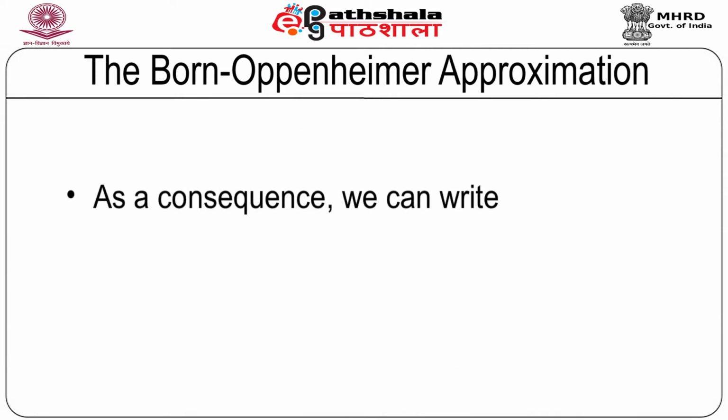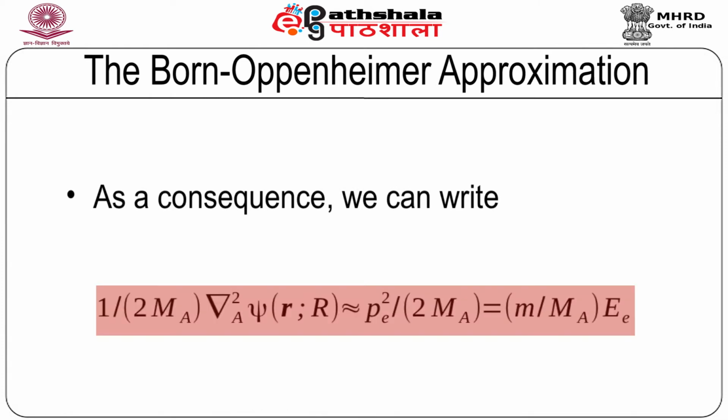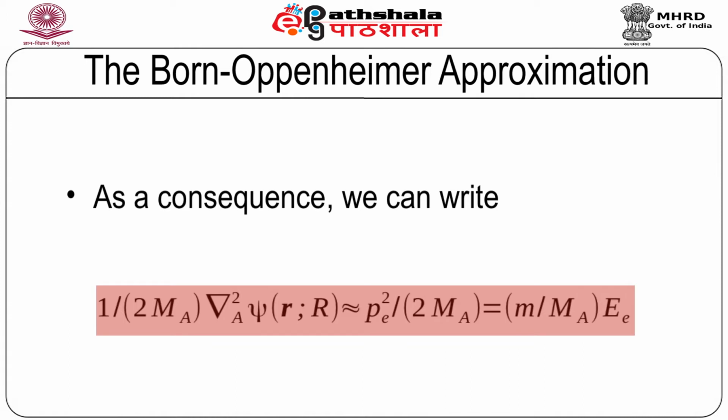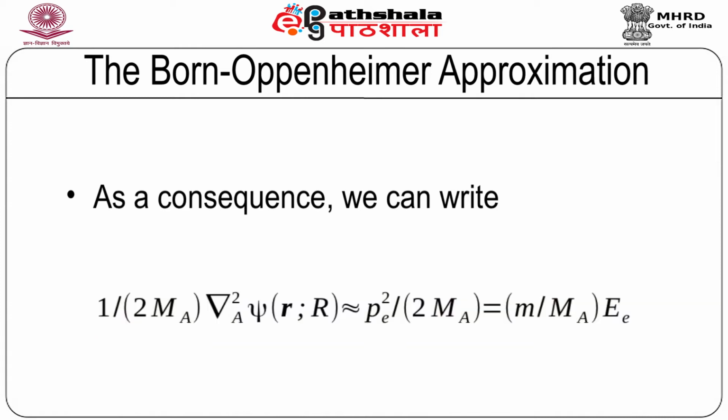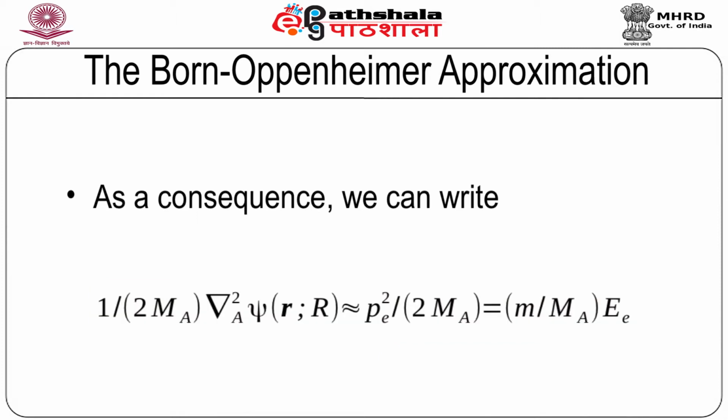As a consequence, we can write 1 by 2 MA ∇²_A ψ(r,R) is almost equal to Pe² by 2 MA, and that is equal to small m by capital MA times Ee, where Pe is the electronic momentum and Ee is the electronic energy.